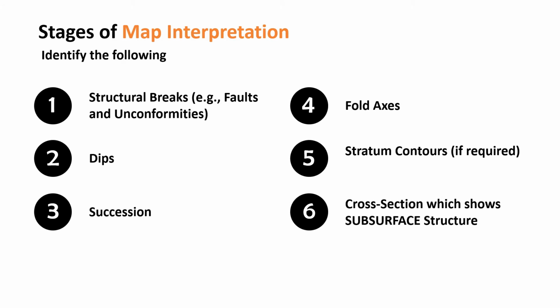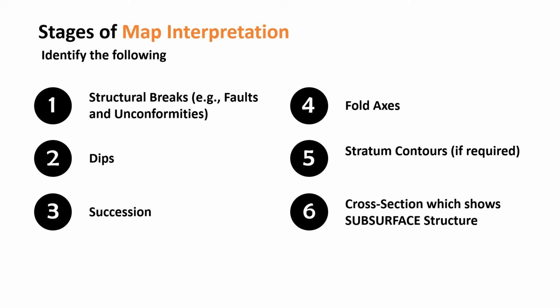So there are stages of interpreting geological maps, and these are to identify the following. First is the structural breaks like faults and unconformities. The second one is dips by succession and the V and valley rule. The third one is the succession of rocks like the inlier and the outlier.